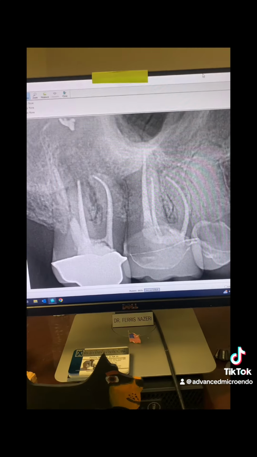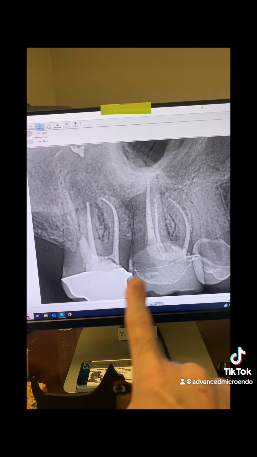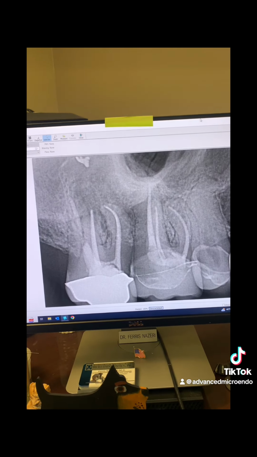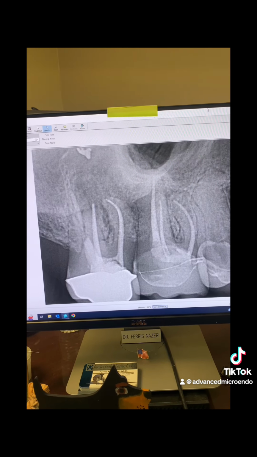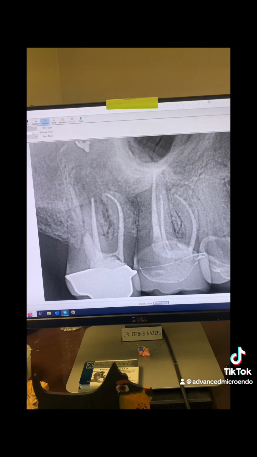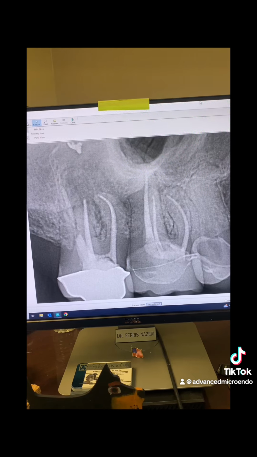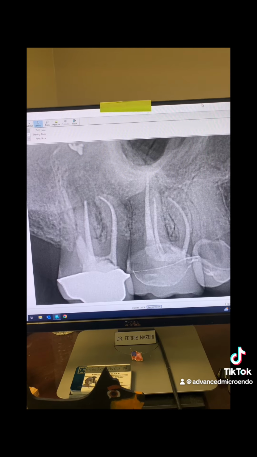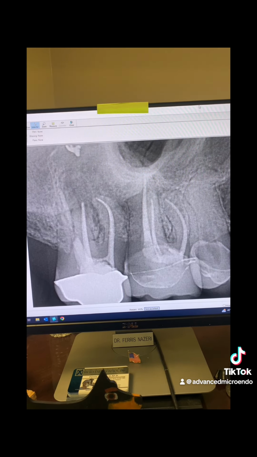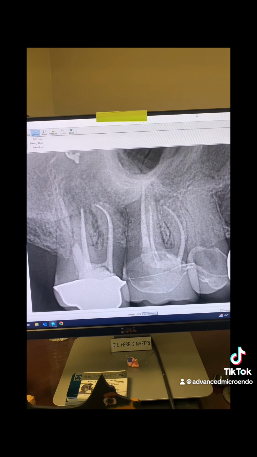Excellent. This patient was referred to me for endodontic retreatment of teeth number 2 and number 3. According to the patient, both of these root canals were done by a traveling endodontist approximately 2 years ago. Now, both of these teeth hurt, and he was referred to me for examination, evaluation, and endodontic retreatment of both teeth.